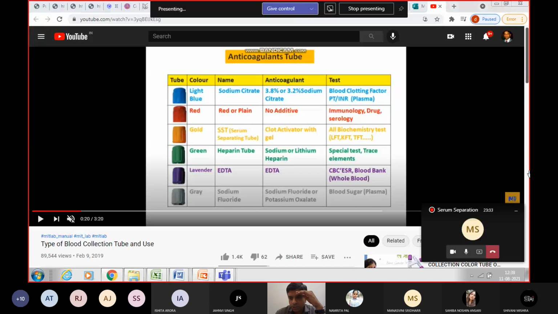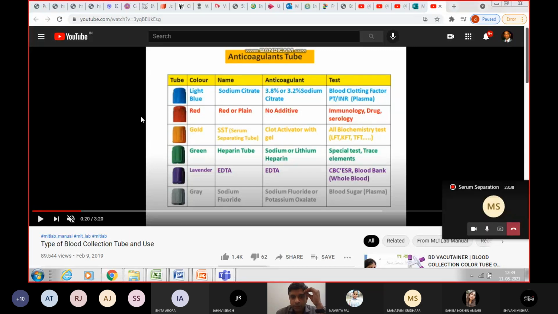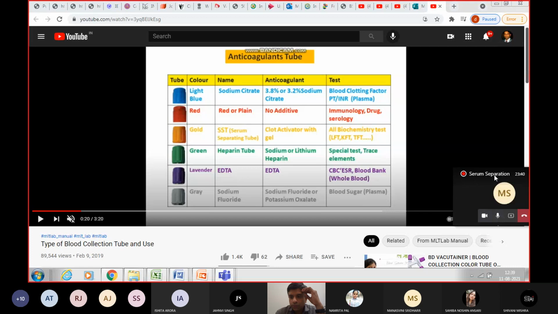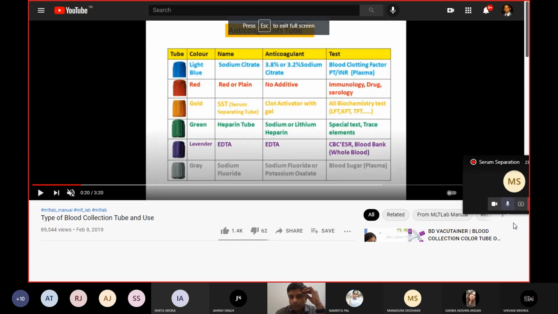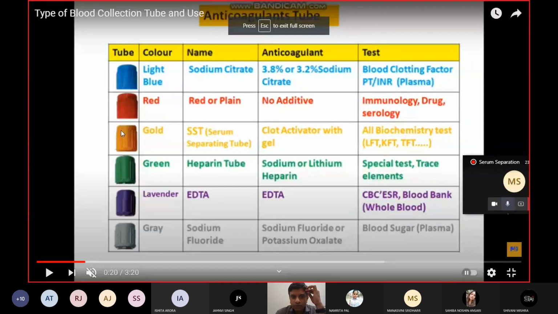Can you see this image? Yes, sir. Okay, so you can see that there are different types of vials, right? Those vials have different colored caps, the tubes have different colors.